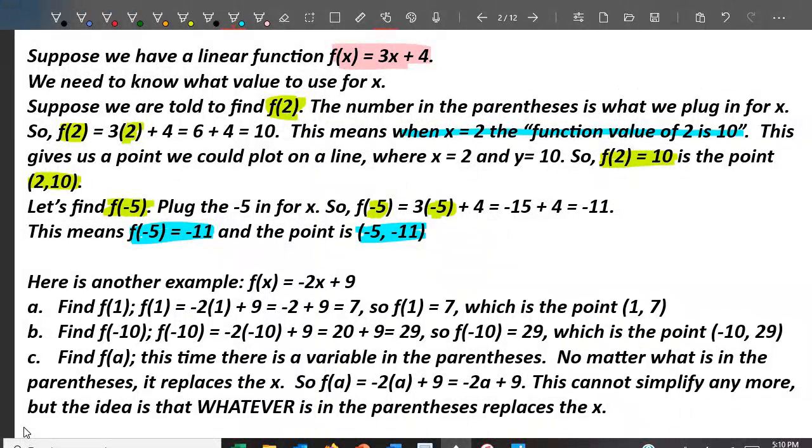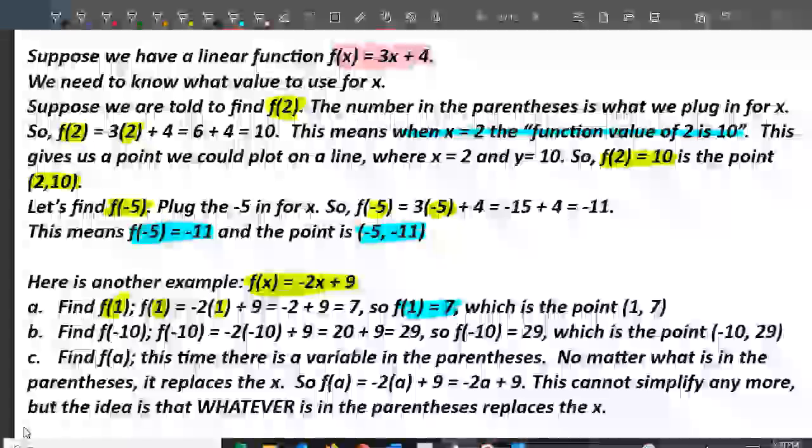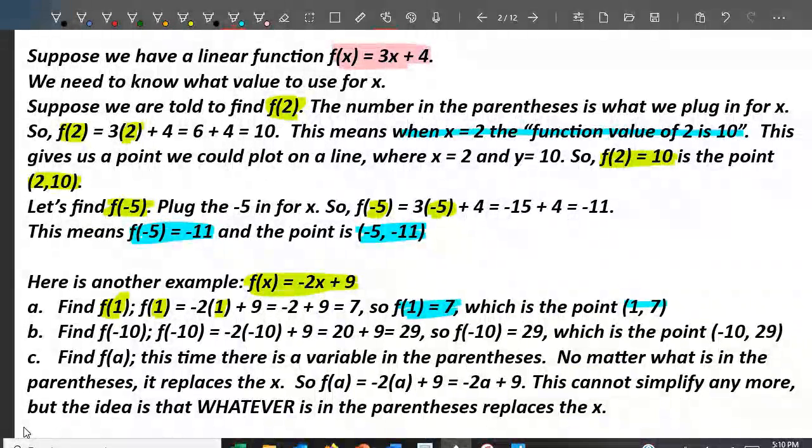All right, here's another example. f of x equals negative 2x plus 9. Here I want to find f of 1. So, I'll plug the 1 in wherever the x is. I'm going to get positive 7. So my function value at 1 is 7, which can be represented as the point (1, 7). All right, let's plug in negative 10.